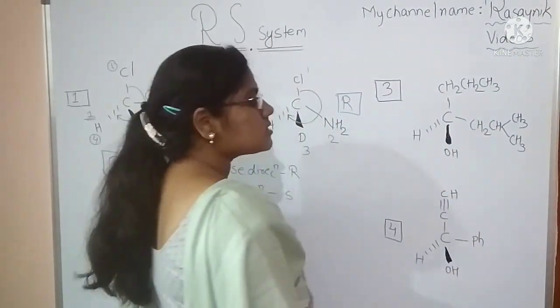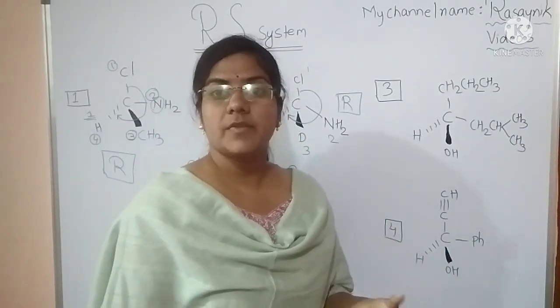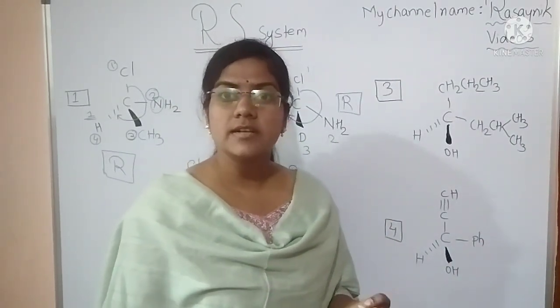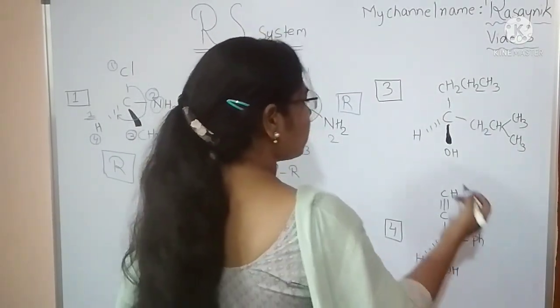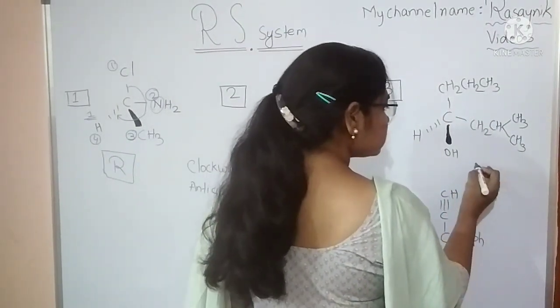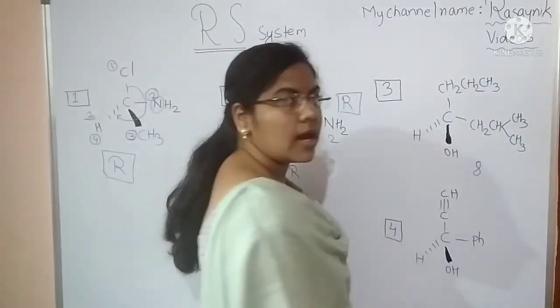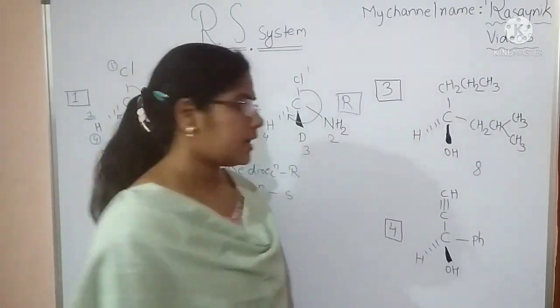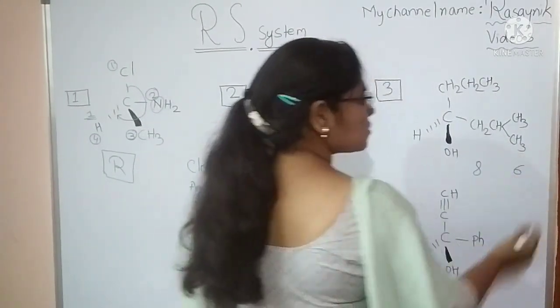So now the first priority we have to give to the oxygen atom. What is the atomic number of oxygen? Can you tell? The atomic number of oxygen is 8. So now here are the carbons.